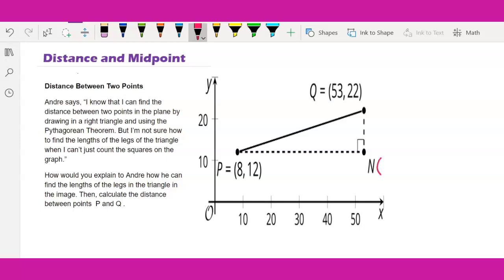It's easy to determine. N is in a vertical line with point Q, so N must have the same x coordinate as point Q, so it's going to be 53.